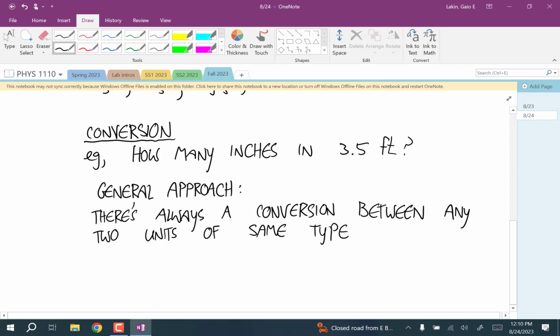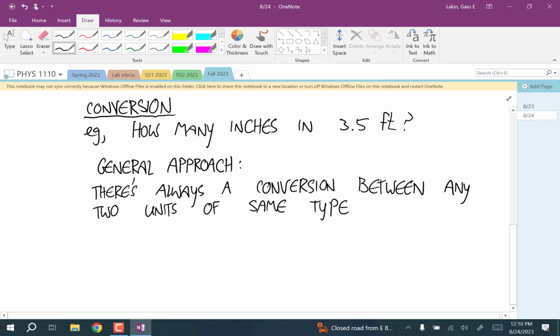So for this example that I gave here, we know that 1 foot is equal to 12 inches. Okay?